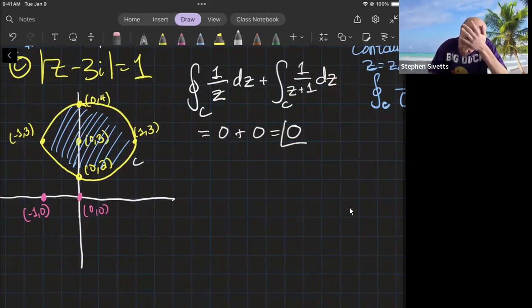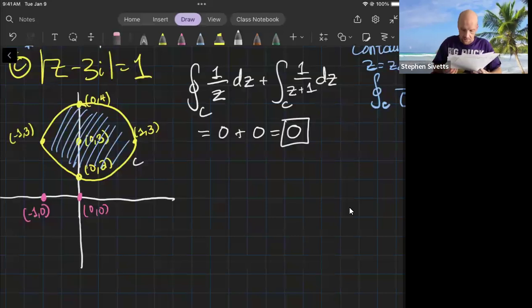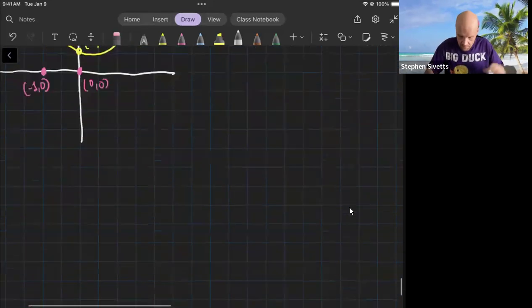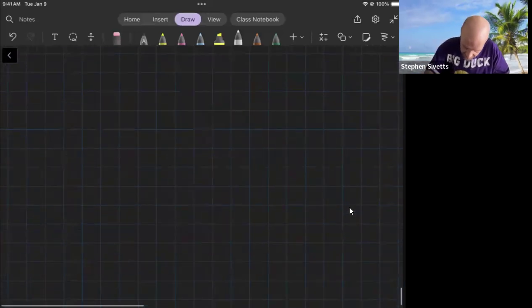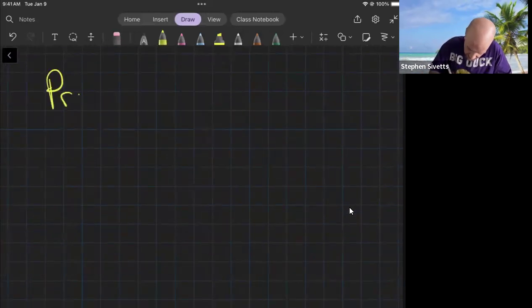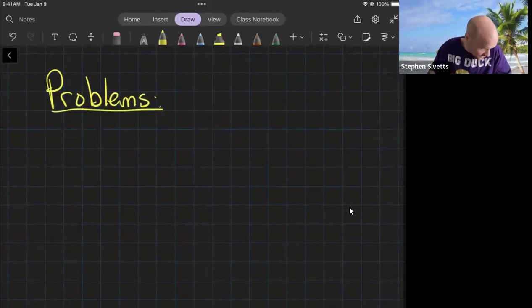So the total line integral here would be 0. That is basically what the Cauchy-Goursat theorem is all about. I know that was pretty fast, but if you have questions, just let me know, and I'll guide you in the right direction.